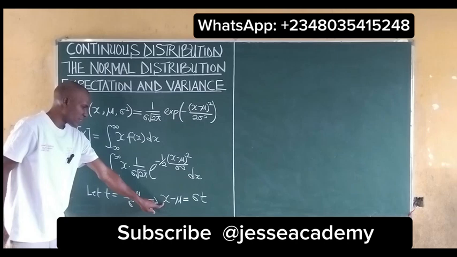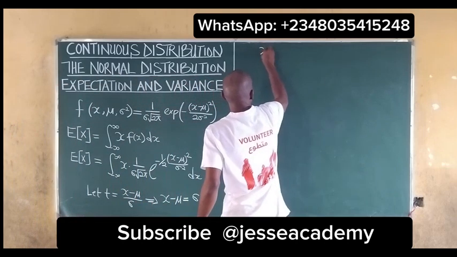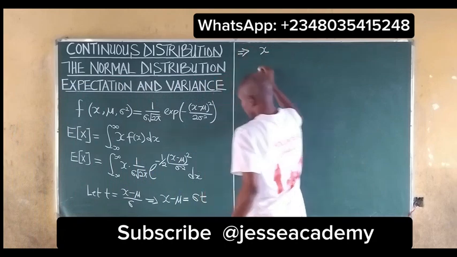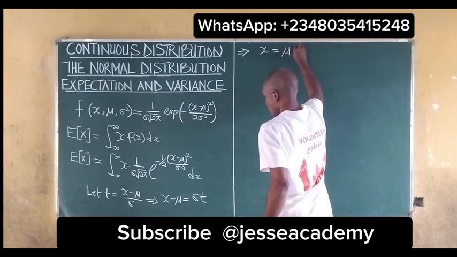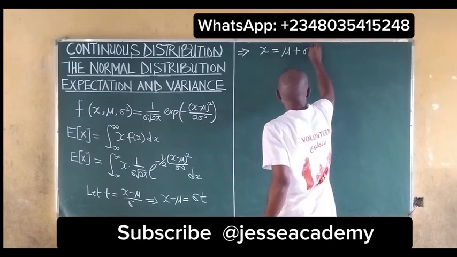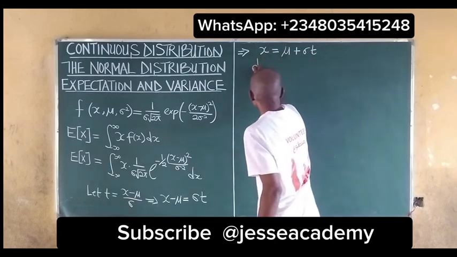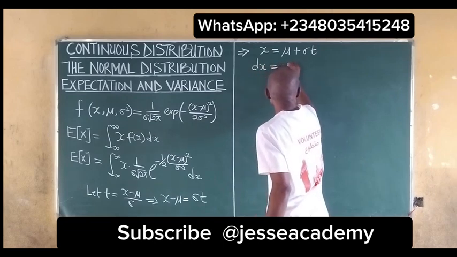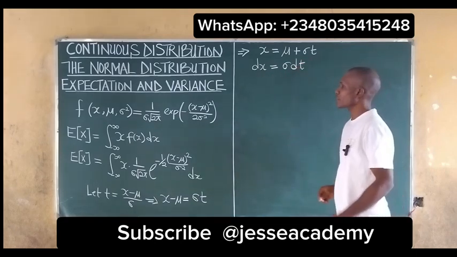So it also implies that x is equal to mu plus sigma t. It then means that dx is equal to sigma dt. So this is called the change of variable technique.